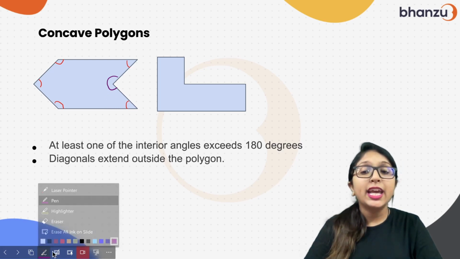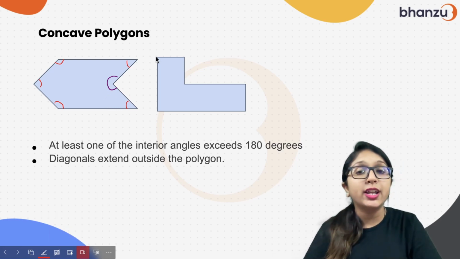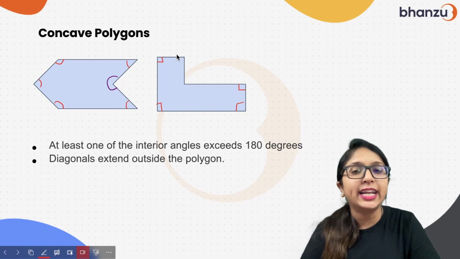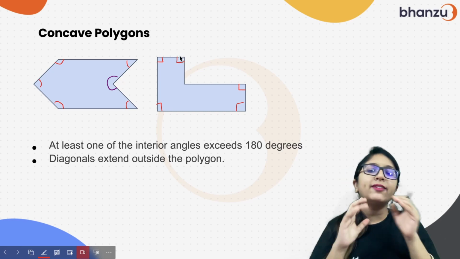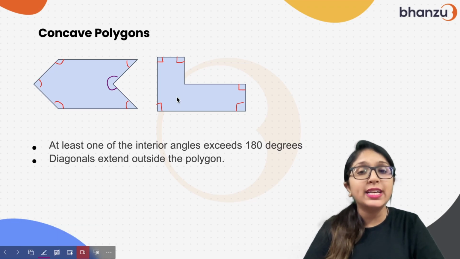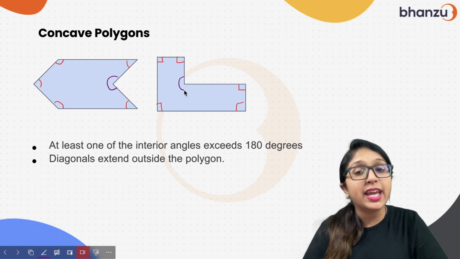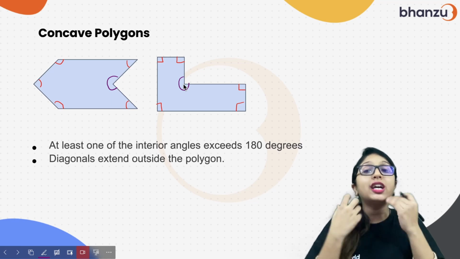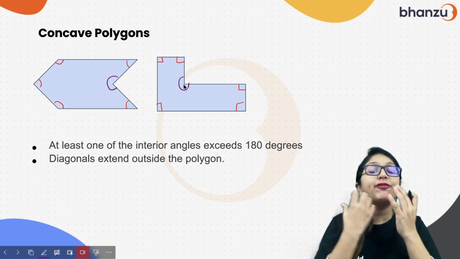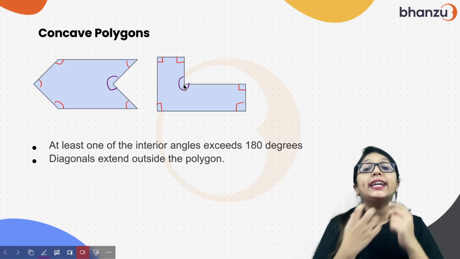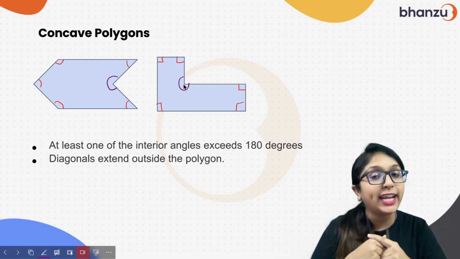Now similarly, if I go to the next shape, if I see this angle, this one, actually these are 90 degree angles, right? Now these are less than 180 degrees only. But if I go to this angle, then this is more than 180 degrees. So we call such polygons concave polygons. In concave polygons, at least one of the interior angles exceeds 180 degrees.